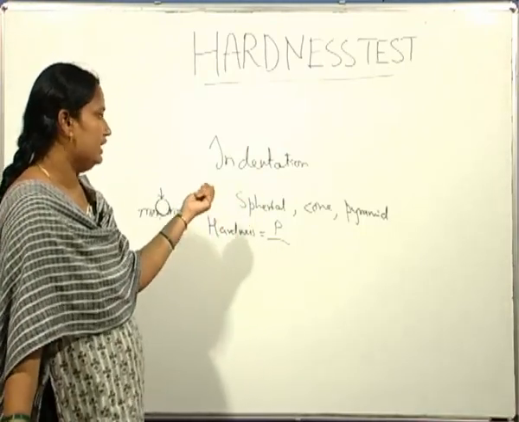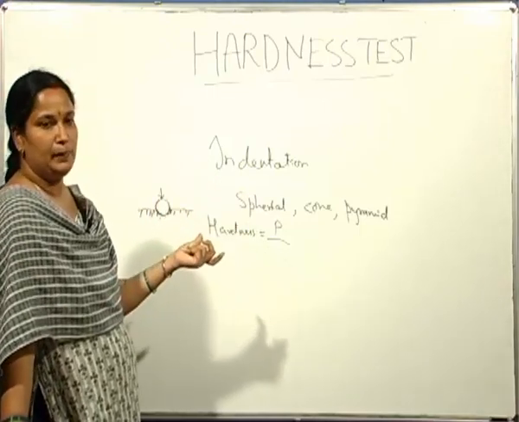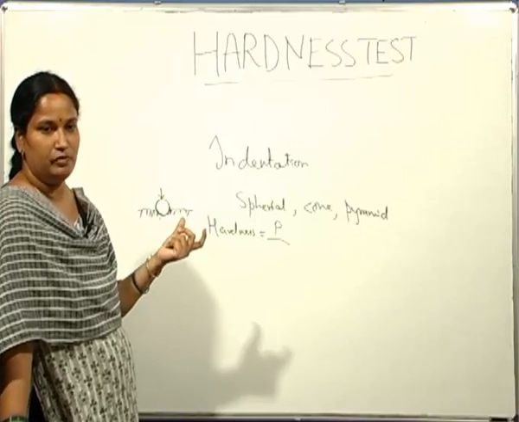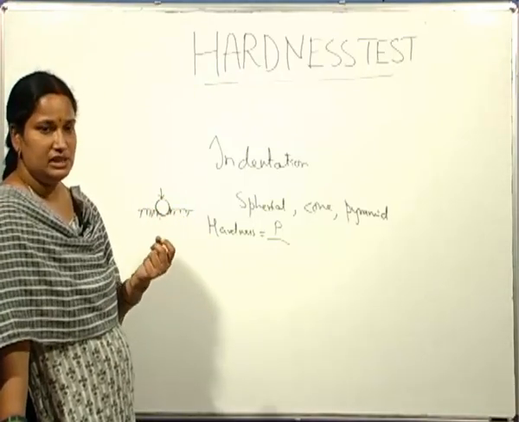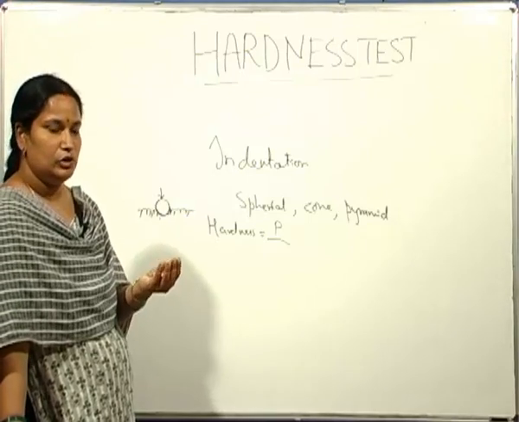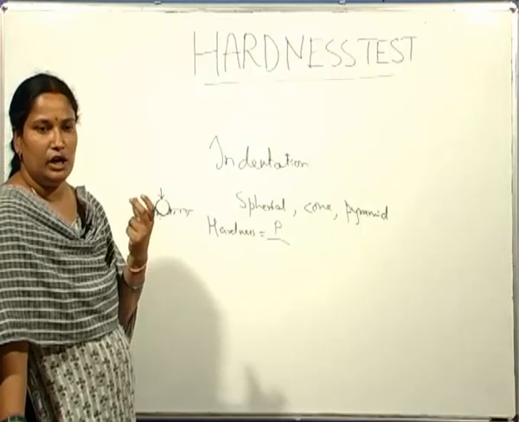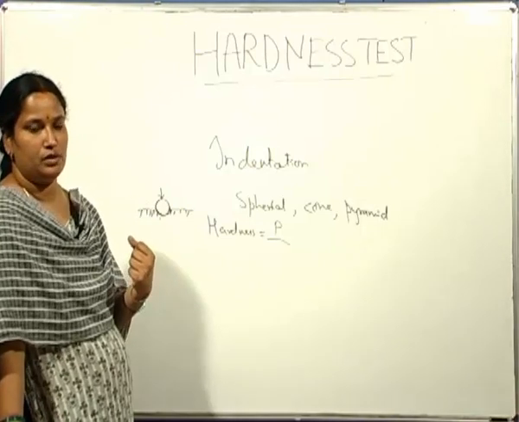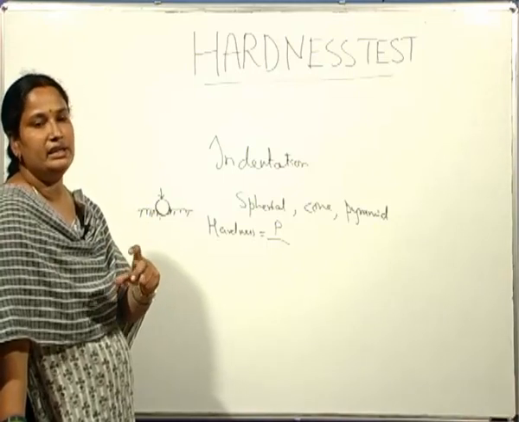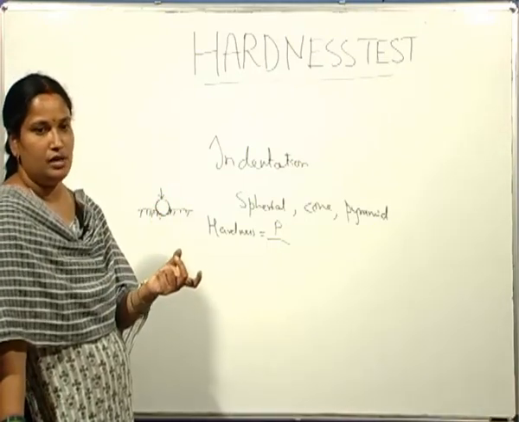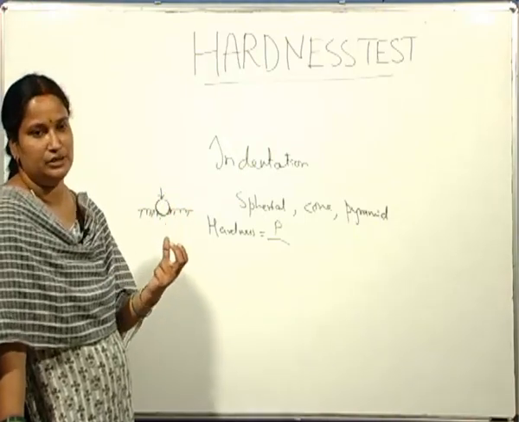So in the case of indentation hardness methods, either a spherical type of indenter or conical shape of indenter or pyramid shape of indenter is used. This indenter is allowed to indent on the surface of the specimen under a known constant load. So after equilibrium is established, the indenter and the load are withdrawn and the dimensions of the indentation are measured.